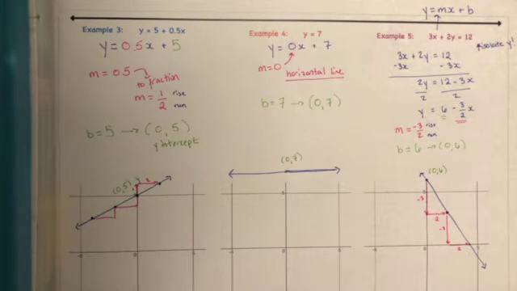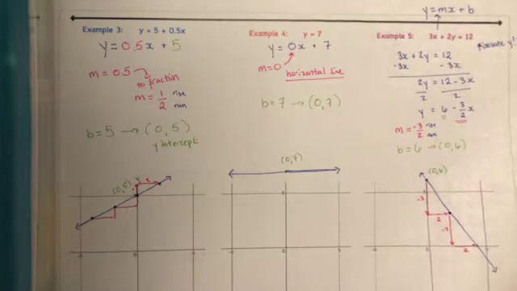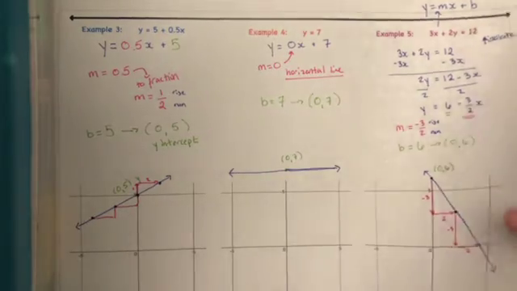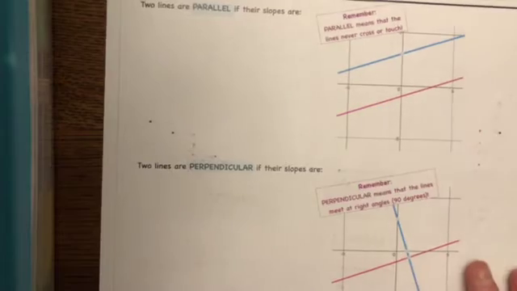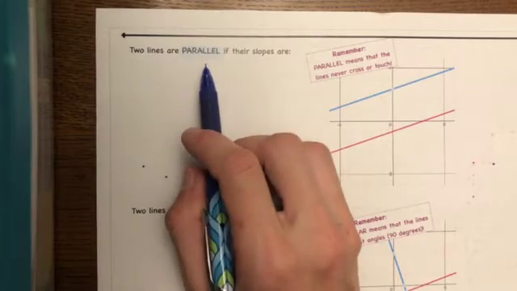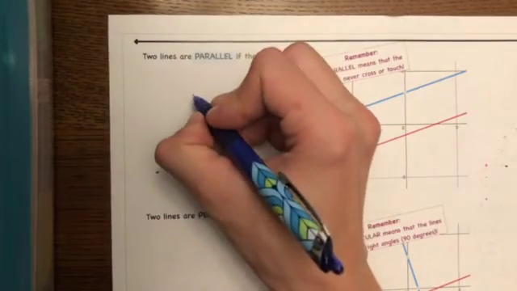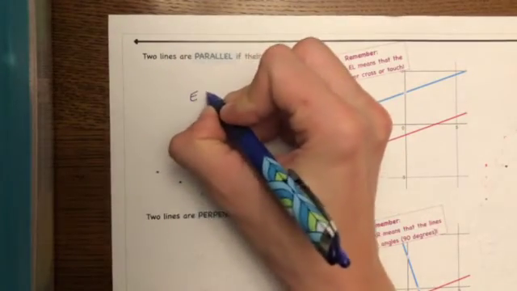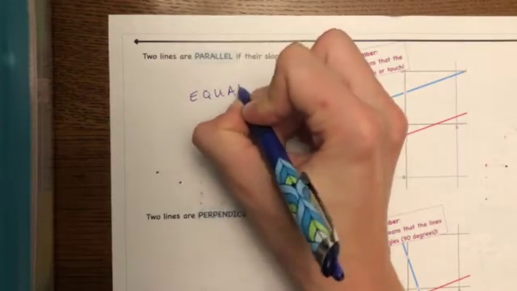Perfect. The last piece of information for this section is just that we remember how parallel and perpendicular lines work. Two lines are parallel if their slopes are equal.